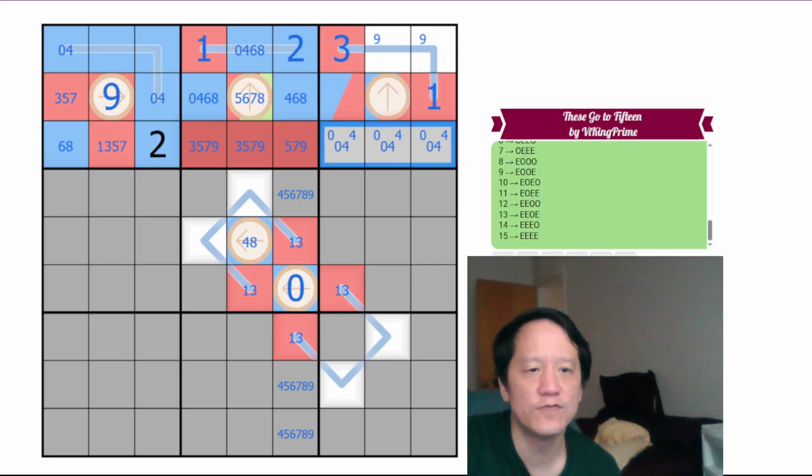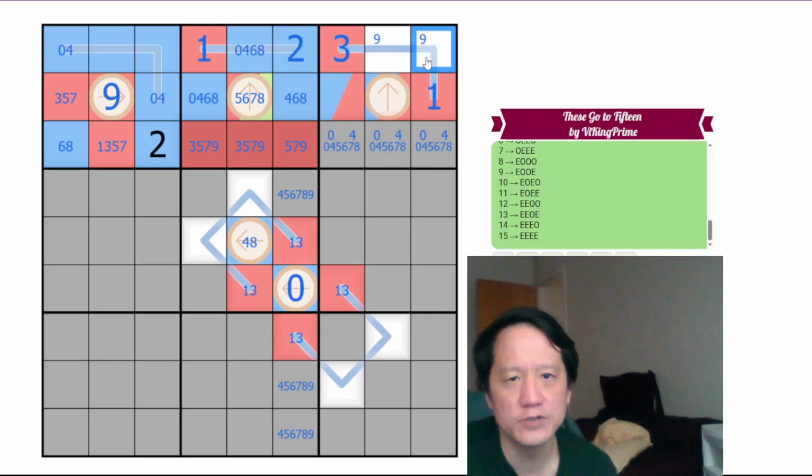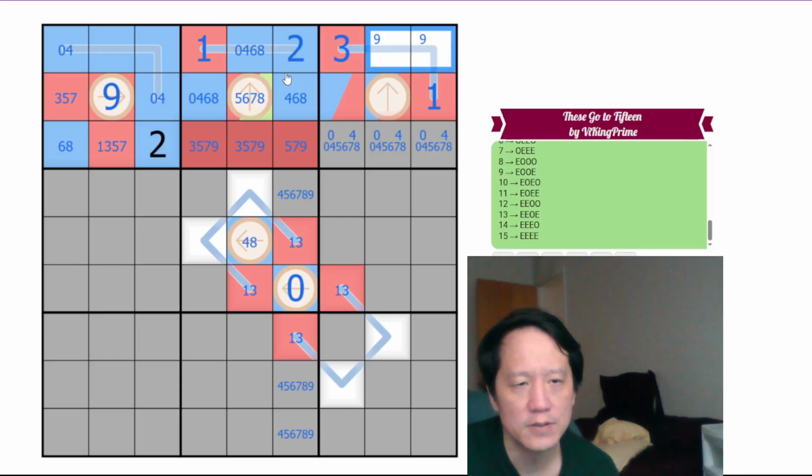So this is 0, 4, 6, 8, and no 1, 3. It's 5 or 7 here. 5 or 7. We are guaranteed one of these is 9, and the other has to be an even non-Schrodinger.